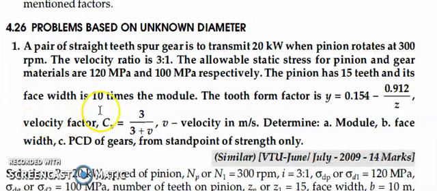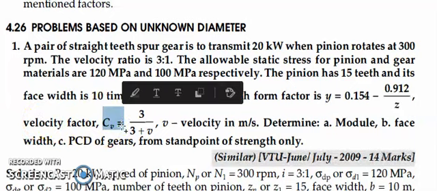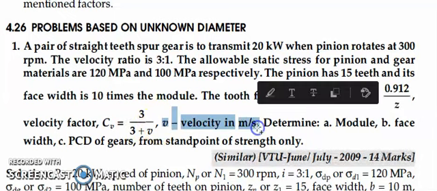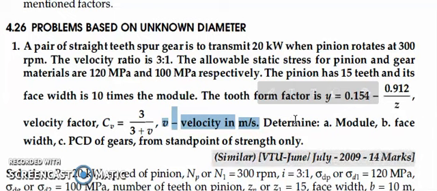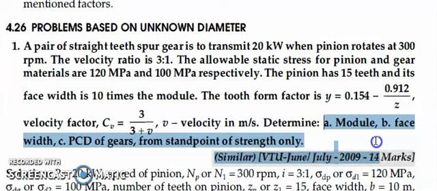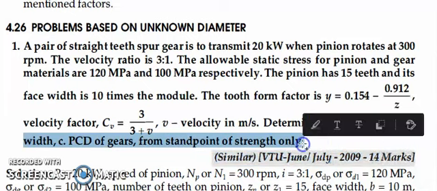And again, velocity factor CV, this also they have given, but there is no need to expect it in our question because it is already in our data book. And they have given that the velocity v is in meter per second. According to these conditions, you have to determine module, face width, and pitch circle diameter, that is PCD of gear, from the standpoint of strength only.